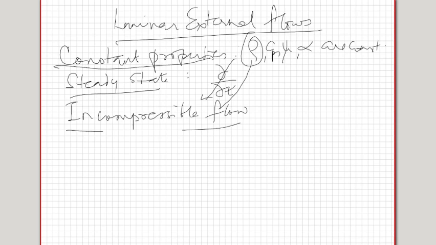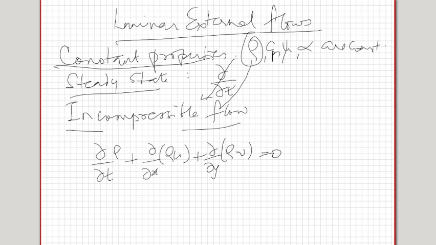So with this, what do the governing equations get reduced to? The continuity equation looks like del by del t of rho plus del by del x of rho u plus del by del y of rho v equal to 0. Since it's steady state, the transient term will be out.